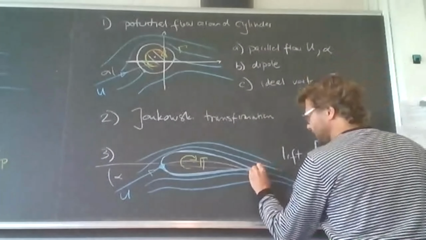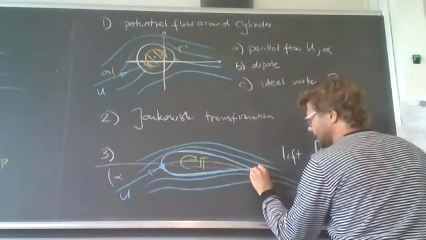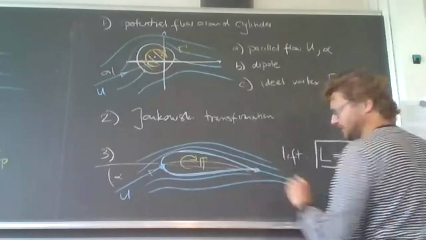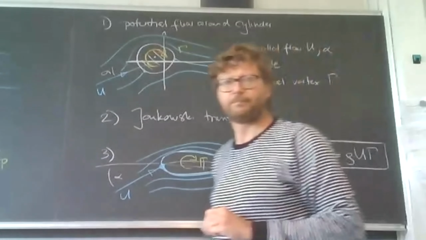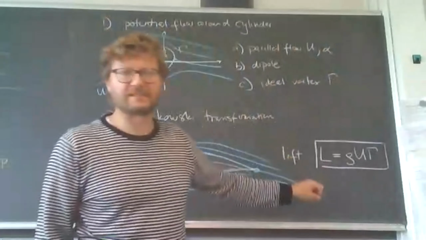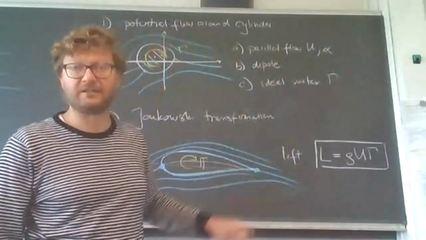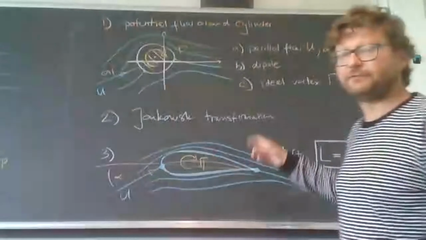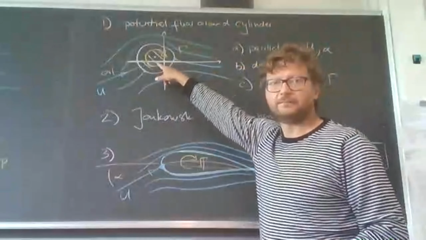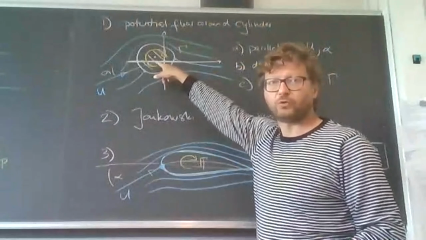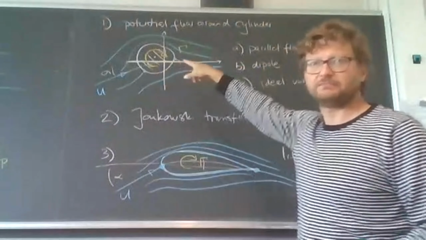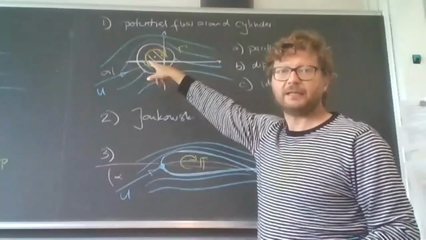And we do have a stagnation point here at the trailing edge. And it's not obvious that the stagnation point is here. What happens if we took twice the circulation? Go and look it up in your slides.